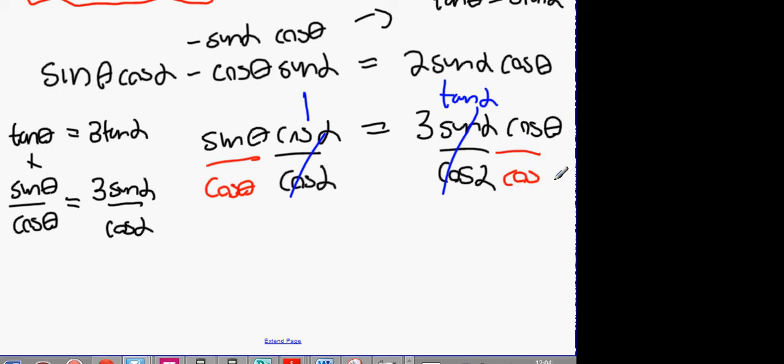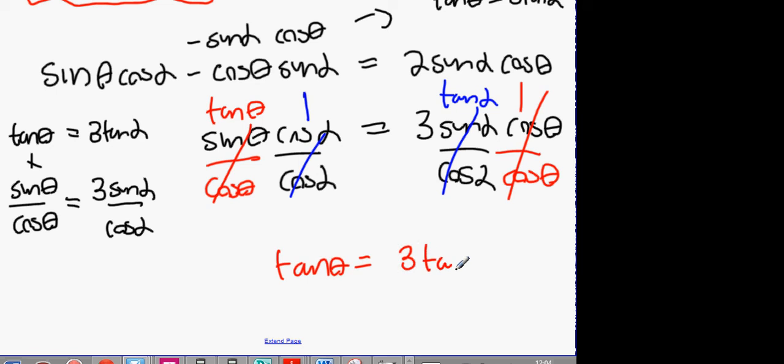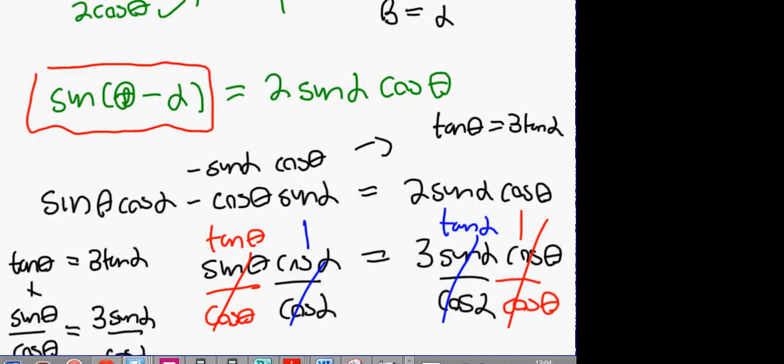And when I do this, it crosses this side off to 1, but turns this side into tan theta. Therefore, tan theta equals 3 tan alpha. That is a very difficult question. Very difficult. Part C standard in Leaving Cert. Okay, moving on.